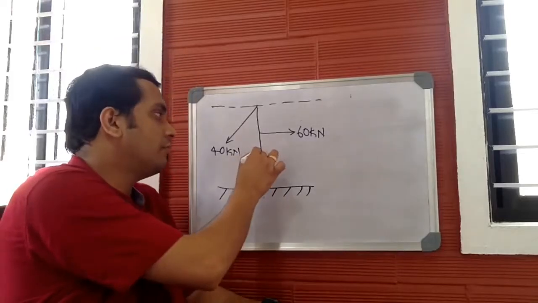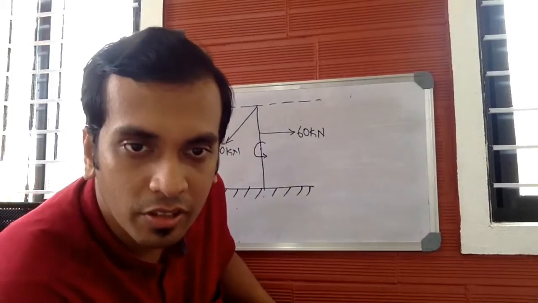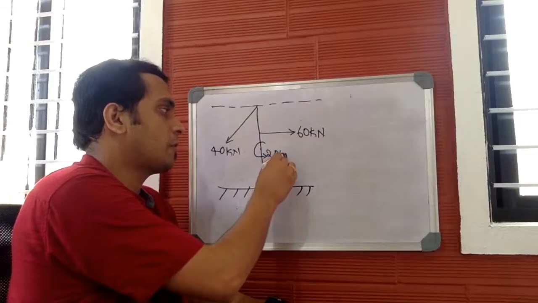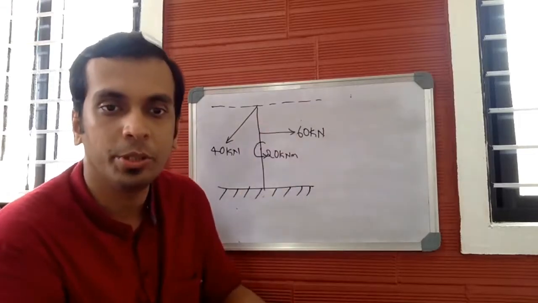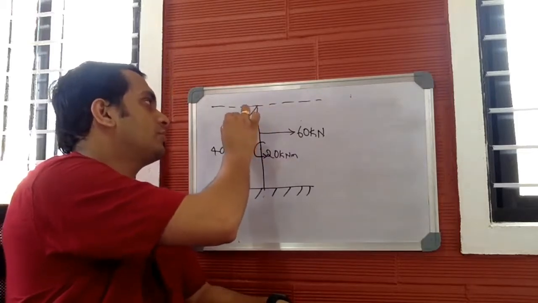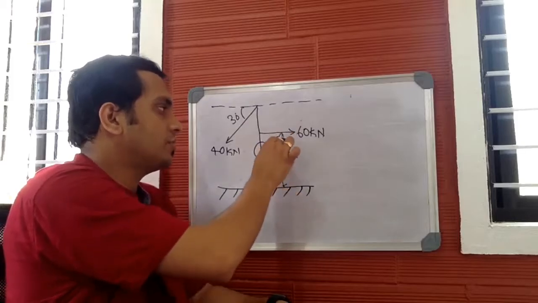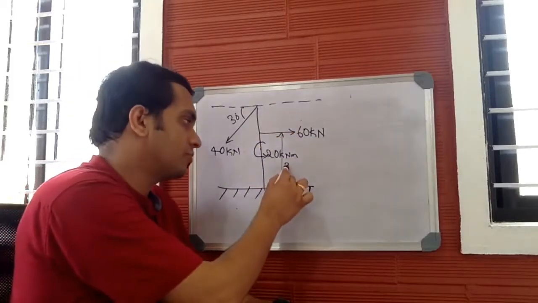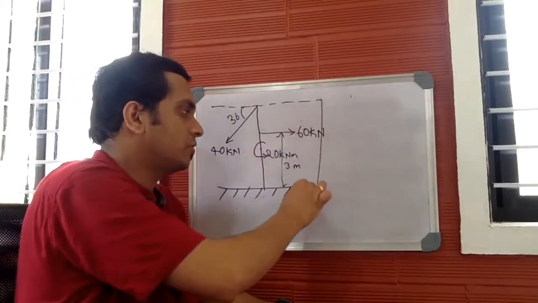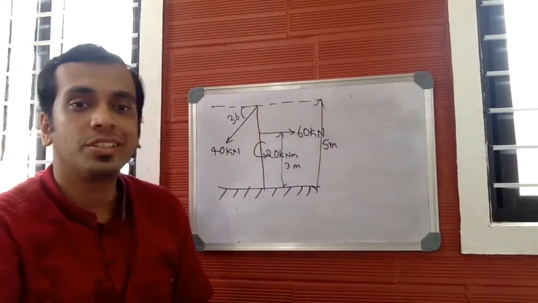And you have one more thing, which is an external moment of 20 kilonewton meter. This angle is 30 degrees. This distance is 3 meters, and the total distance on top is 5 meters. This is the given question.